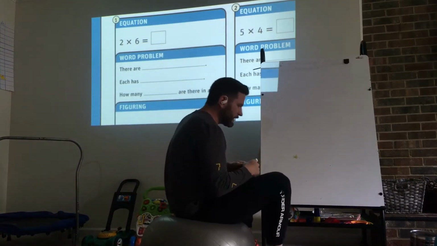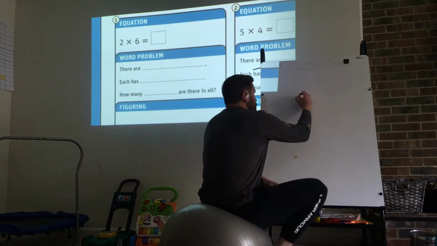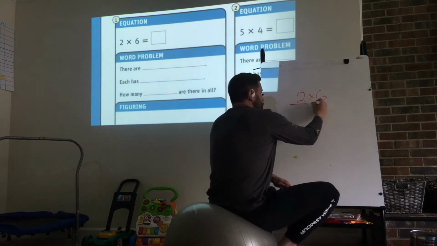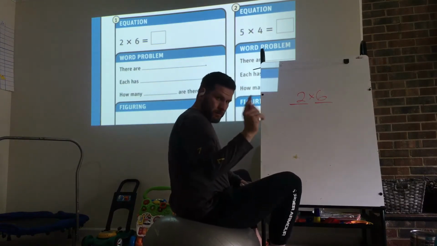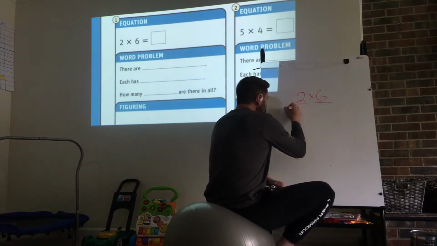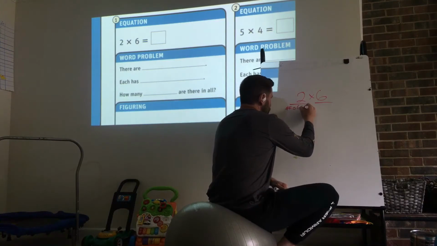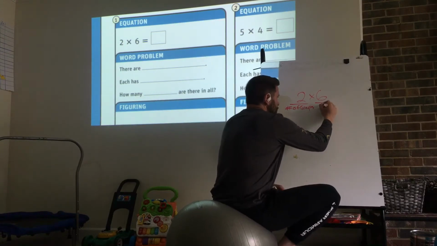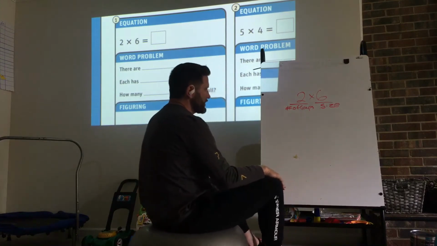So they give us the problem, and it is 2 times 6. We know that 2 is the number of groups, and then we know 6 is the size. I'm just going to put size really big because it's the size of the group. Number of groups, size of groups.